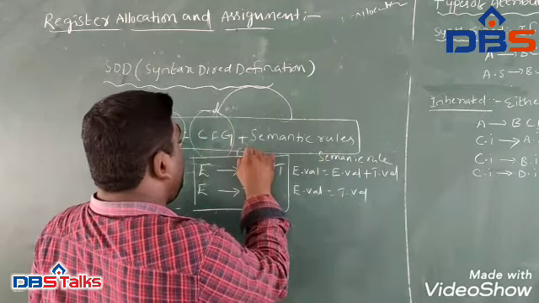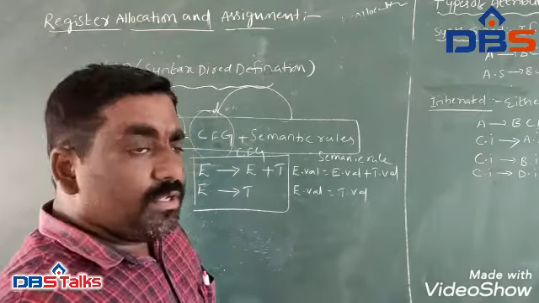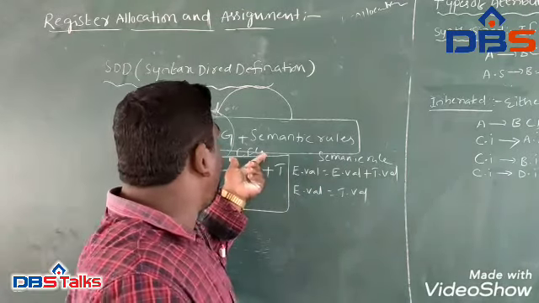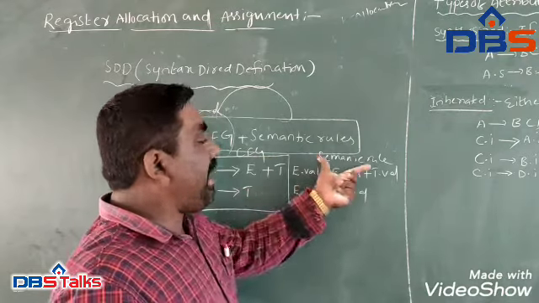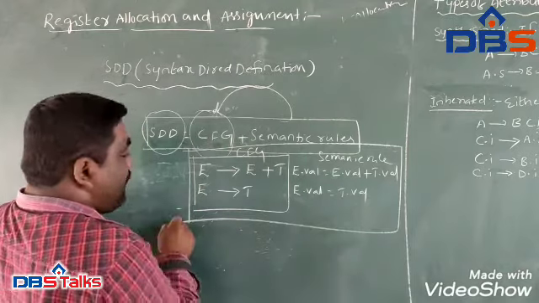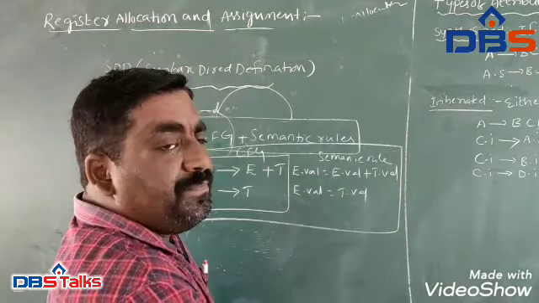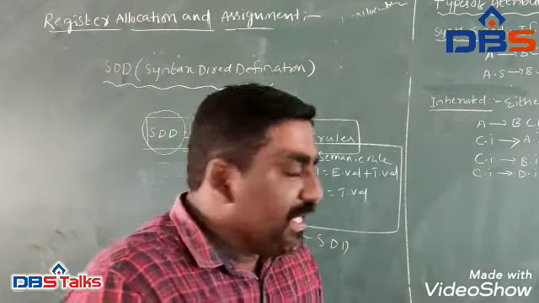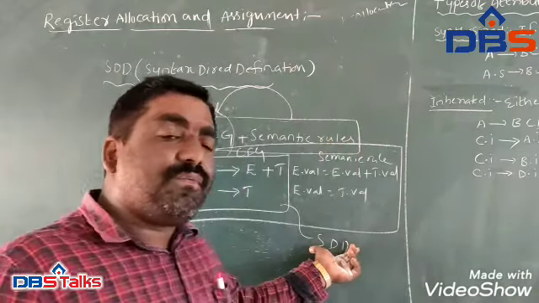So this is the context free grammar. What is SDD? SDD is a combination of context free grammar along with semantic rules. When these two get together, we can call it an SDD, syntax directed definition.